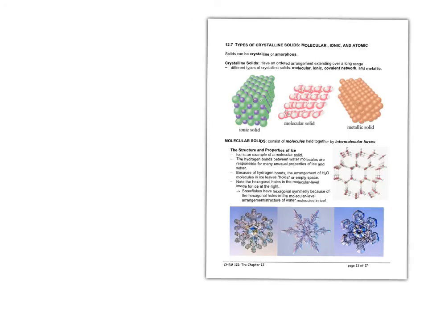Okay, for biology's sake, the types of solids that exist are not as important as the structure and properties of ice. That's extremely important for the sake of life on this planet. But let's go ahead and go over what some of the different crystalline solids are.